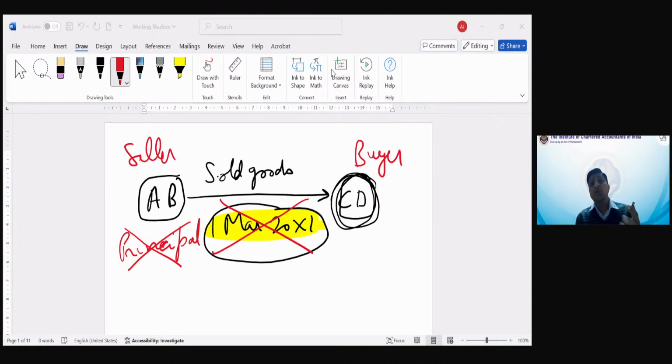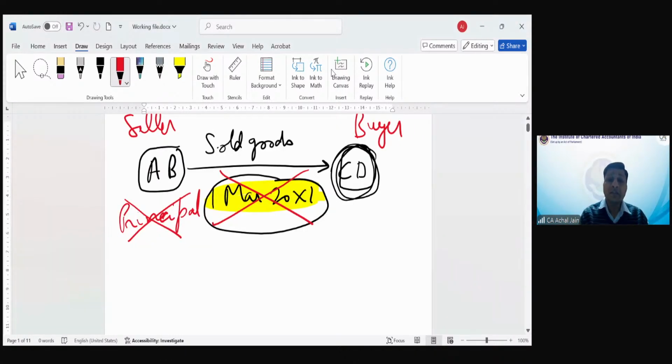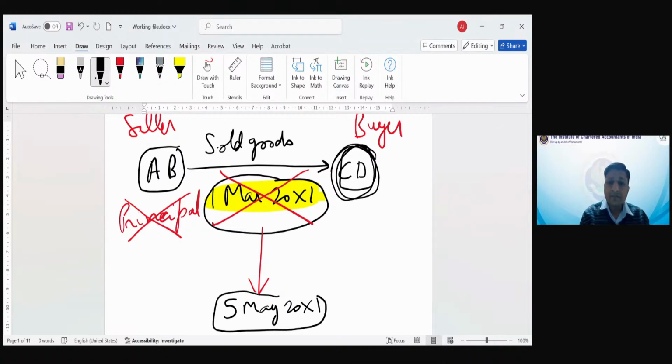But you may have a question now. You may say, but sir, the goods are actually transferred from AB to CD. So if you don't recognize revenue, what do you do? You'll have to wait, up to 5th of May 20X1, because on this particular date AB becomes assured, as the position of CD is improved through funds.